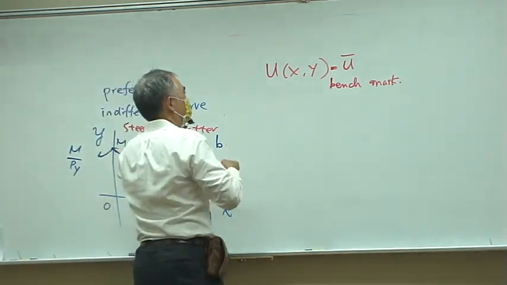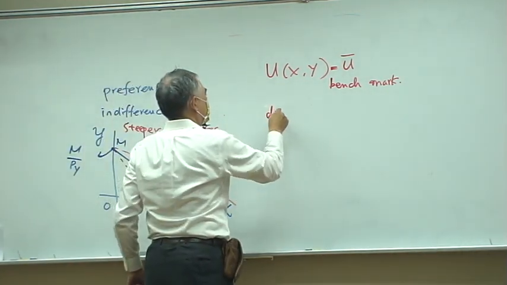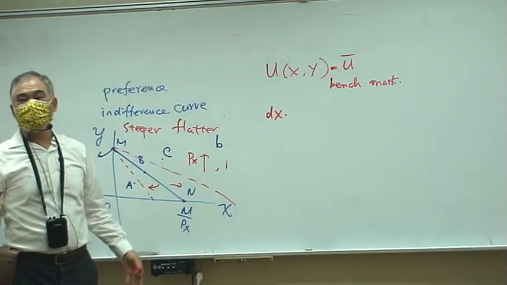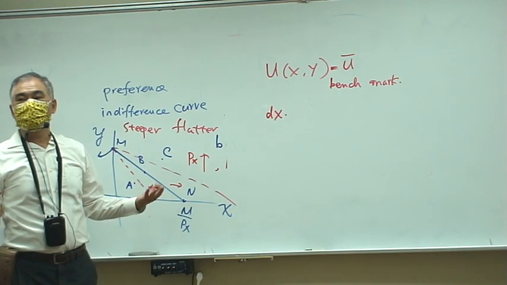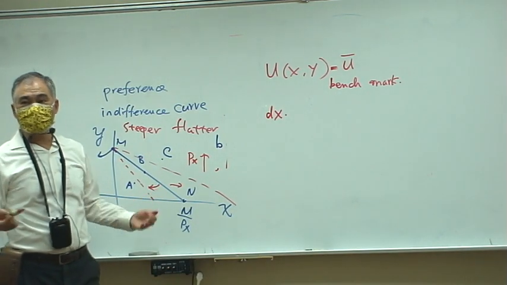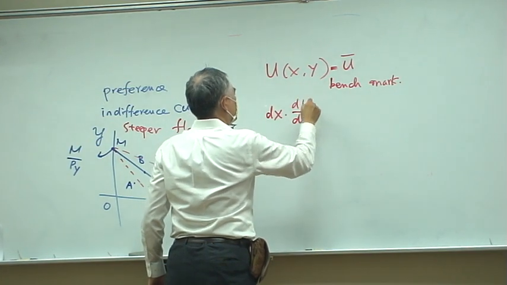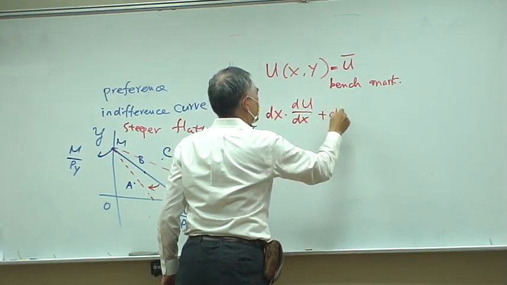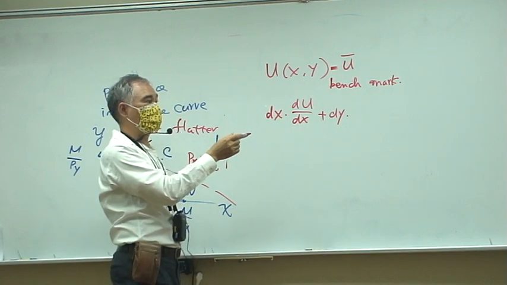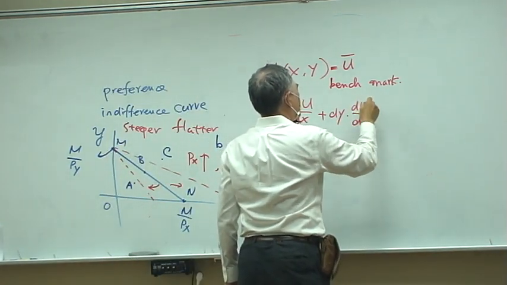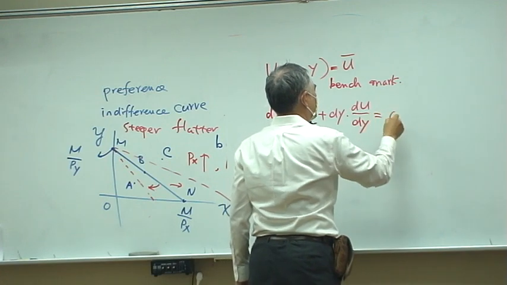So then we want to change the consumption of x. If you change the consumption of x, what happens to your marginal utility from x? It also changes, so du/dx. The same thing when you change the consumption of y, you change the marginal utility of y.